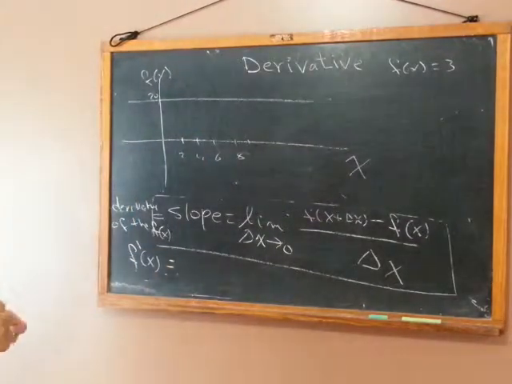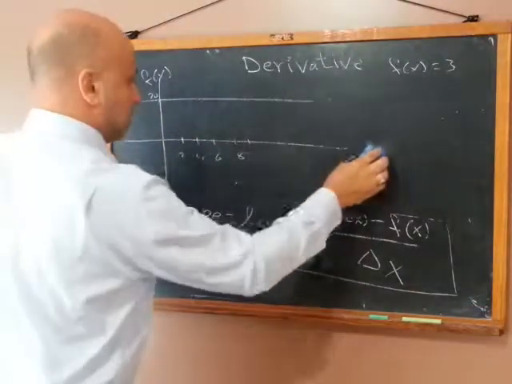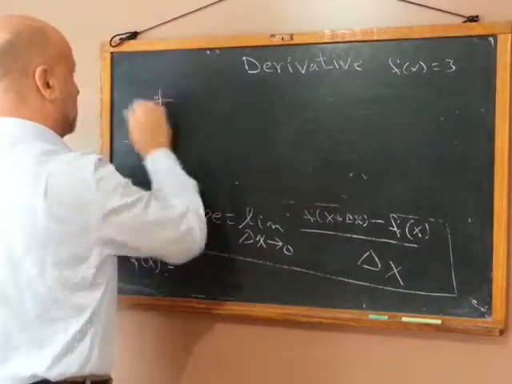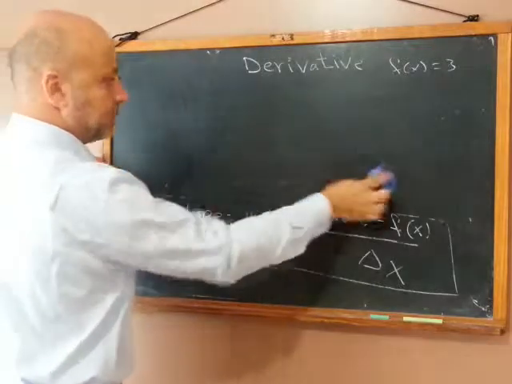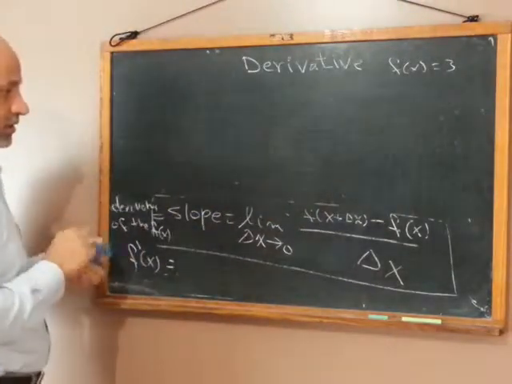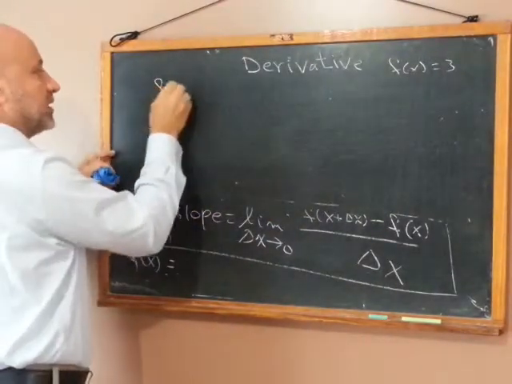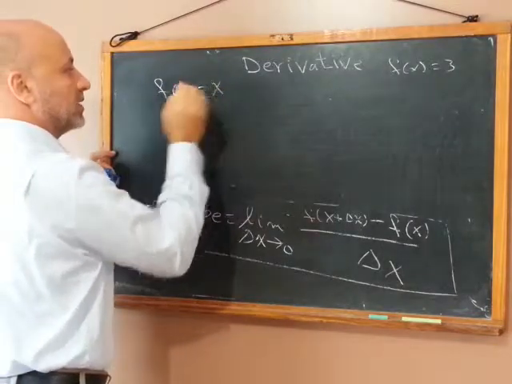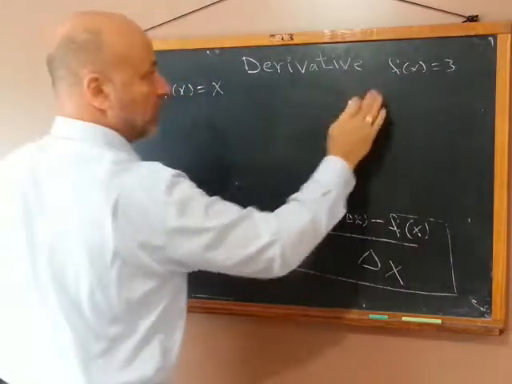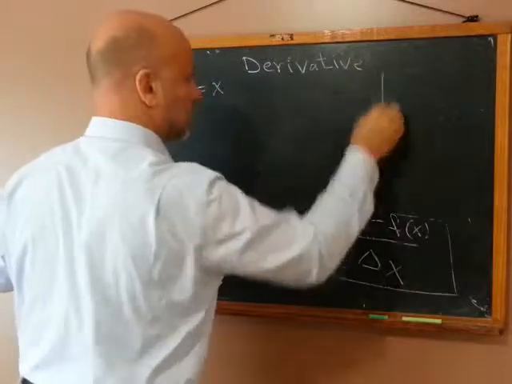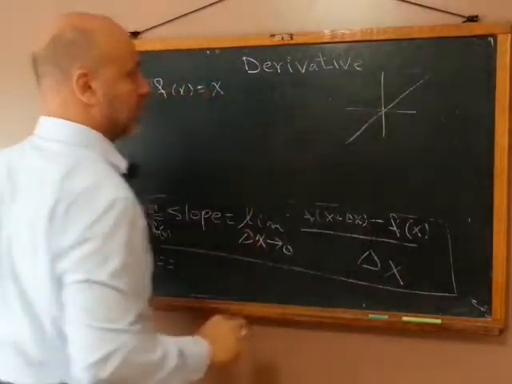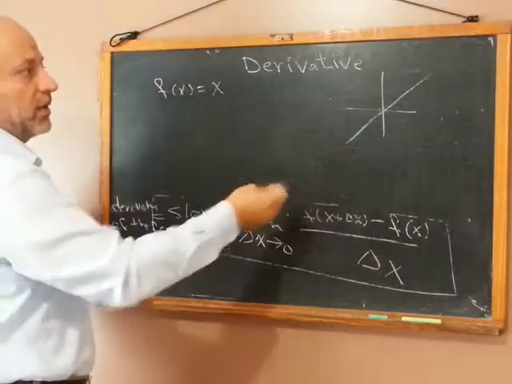That's for the constant. Now if we have something that's not constant, let's say a linear function, the simplest linear function, f of x equal x. I hope most of the students know what this is. It looks like that, 45 degrees. f of x equal x, like y equal x.